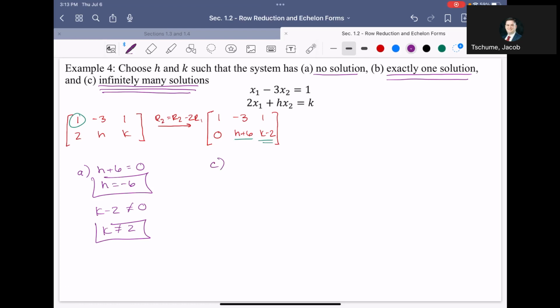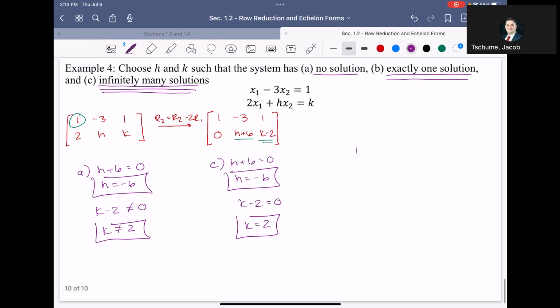So not only does H plus 6 need to be 0, which we've already seen means H needs to be -6, we need to force the K minus 2 to be 0, so thus K needs to be 2. Those are the only pair of numbers that will force this system to have infinitely many solutions. So that's the answer to part C.